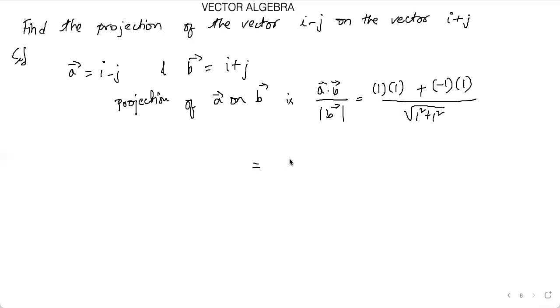So this would result to 1 minus 1, so this will be 0. The projection is 0.